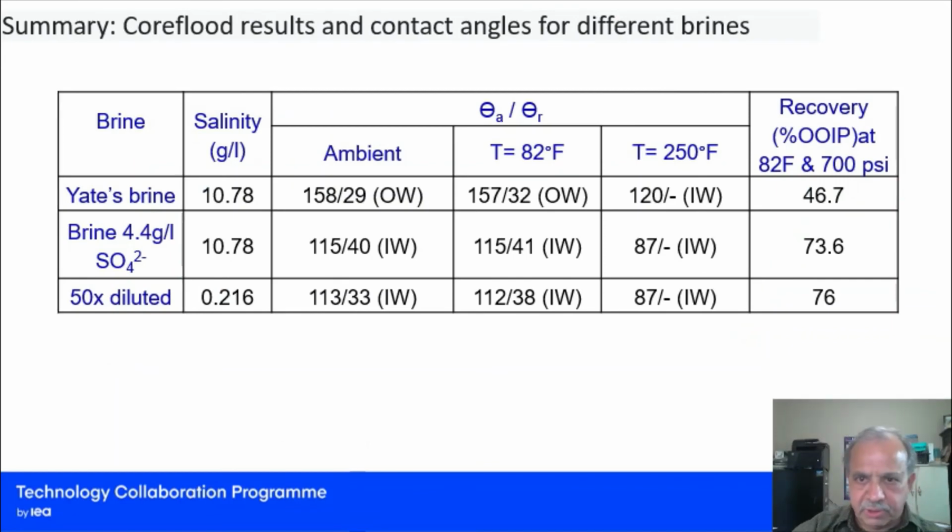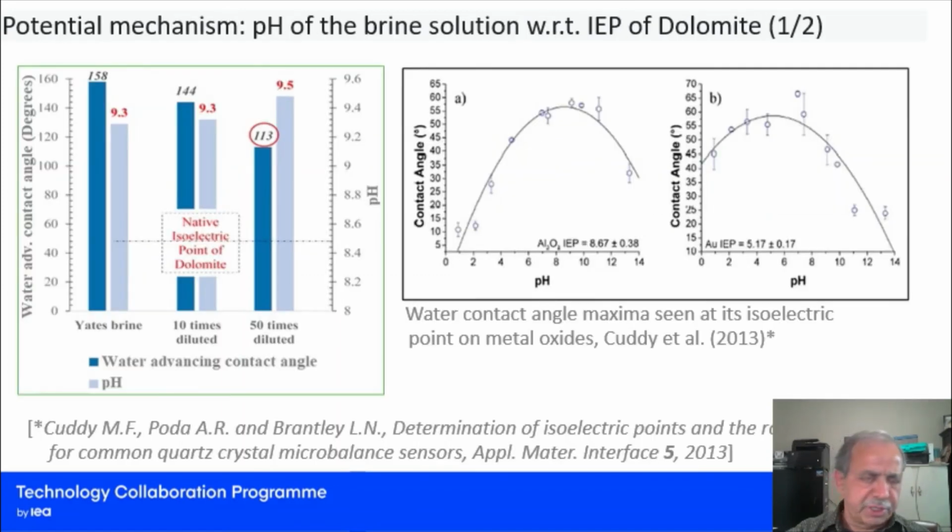So these are the same results, salinity variation and the advancing angles shown here, and the recovery factors. It's just a summary slide of all the results I have discussed so far. In terms of mechanism, we were trying to relate the pH of the brine with respect to the isoelectric point of the rock surface that we have been using in our experiments, which is dolomite.